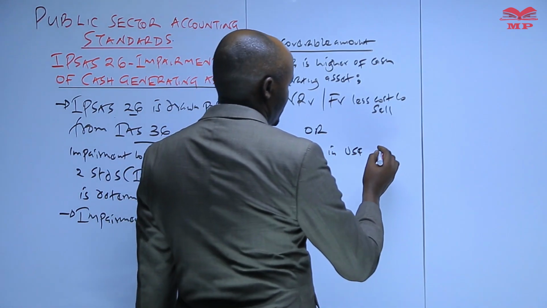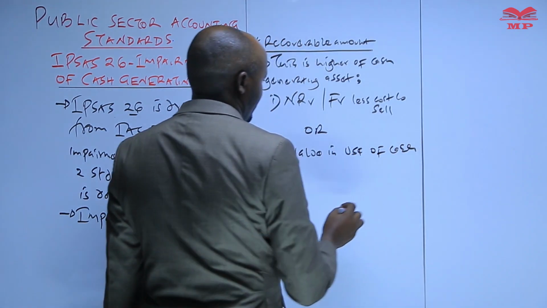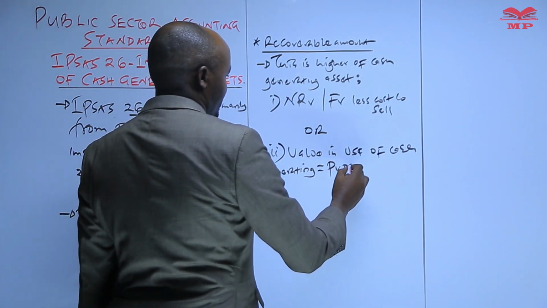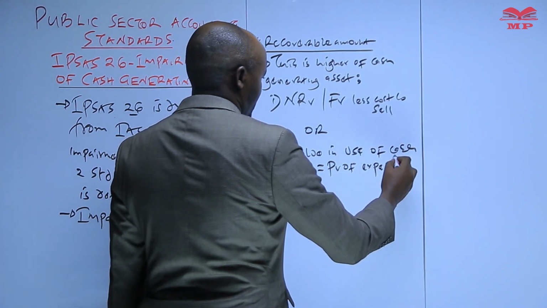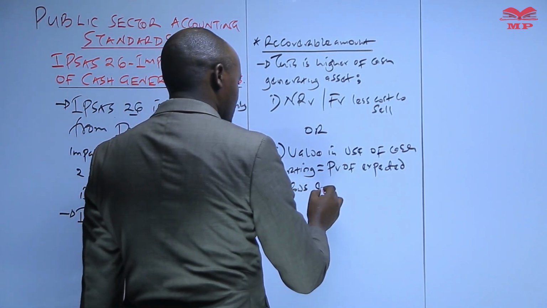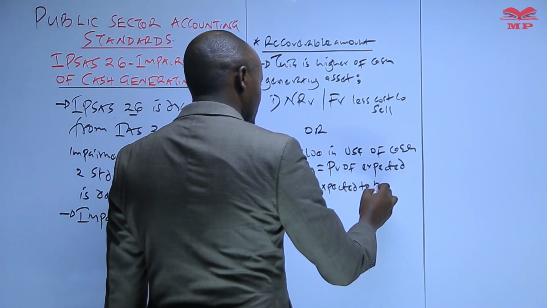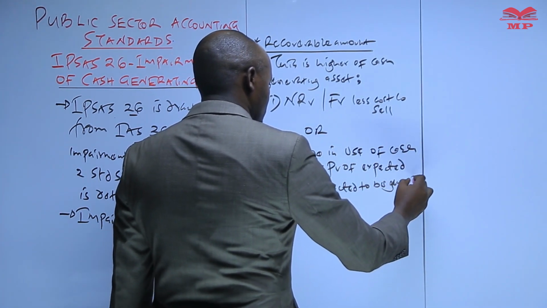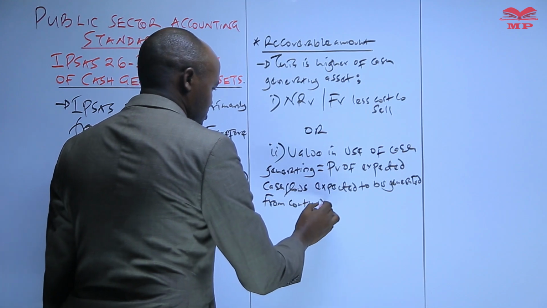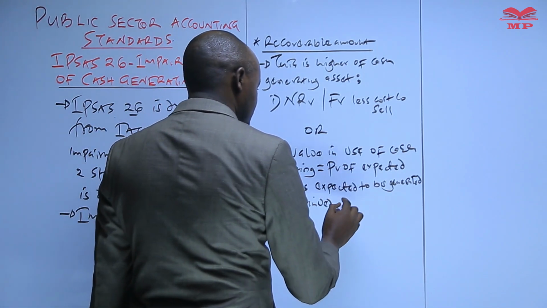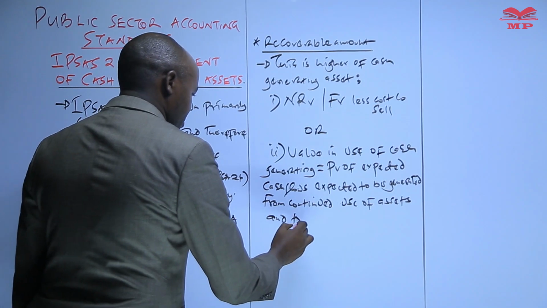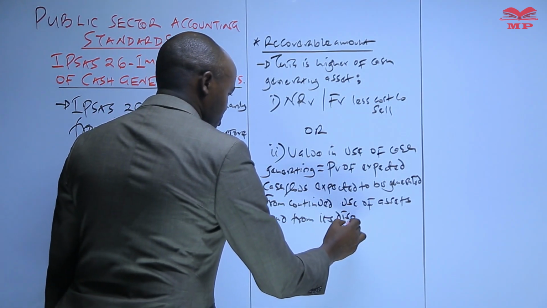So in this case, when we talk about the value in use of a cash generating asset, this is equal to the present value of the expected cash flows expected to be generated from continued use of the asset and from its disposal.